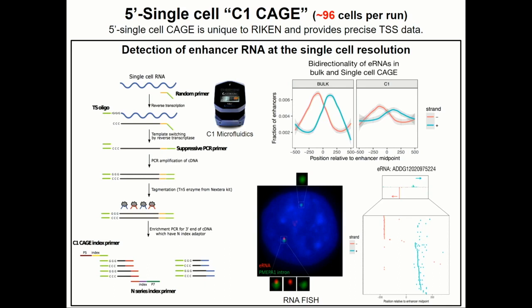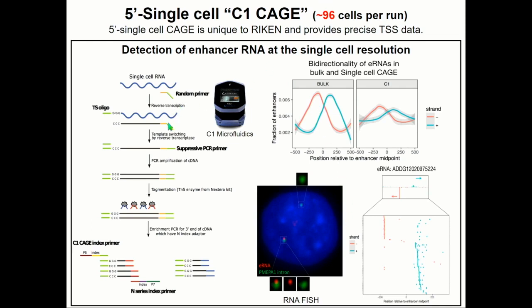So essentially, we started with the Fluidigm C1, where we can profile 96 cells per run. We have been using random primers because very often non-coding RNAs are not polyadenylated, and enhancer RNAs are not strongly polyadenylated, and we want to see them in our analysis.